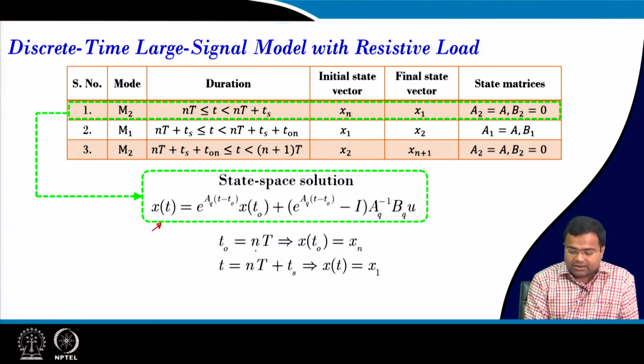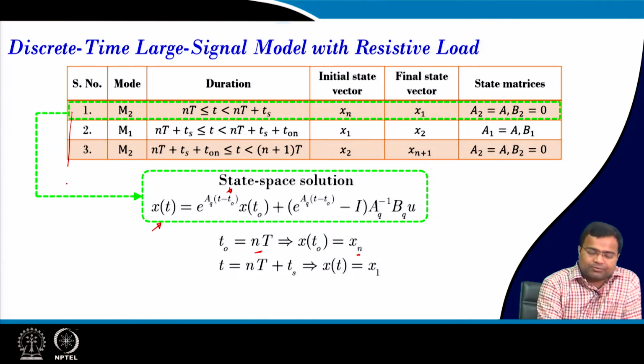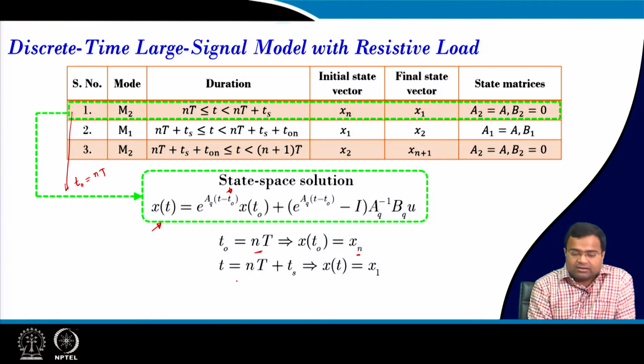T0 is nT, right, that is the initial time for this state, and X(T0) equals Xn, that is the starting value of Xn, because if you take this mode, the time starts from T0 equal to nT. And what is the final time? The final time of this state will be nT plus Ts.